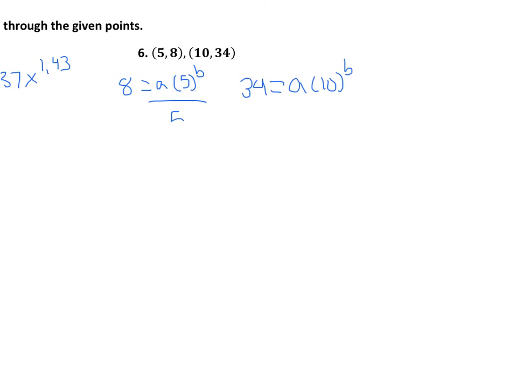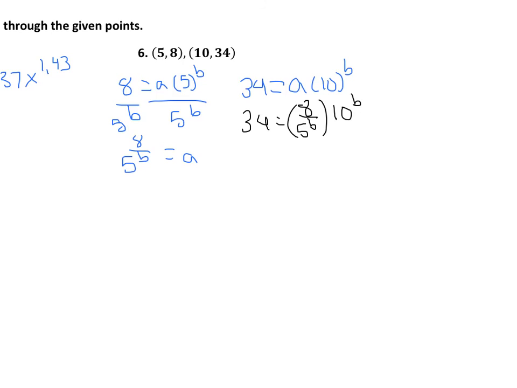Solve the first one for a. So you get a equals 8 divided by 5 to the b. Then substitute it in over here. So 34 equals 8 divided by 5 to the b times 10 to the b.